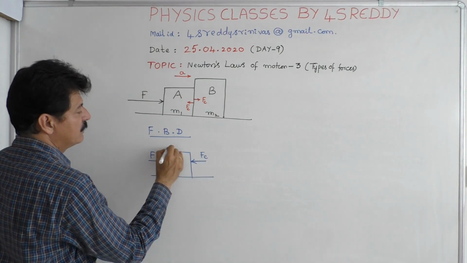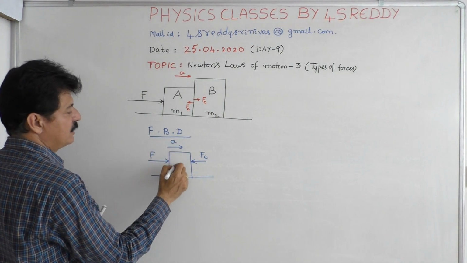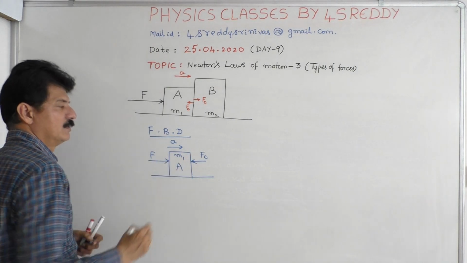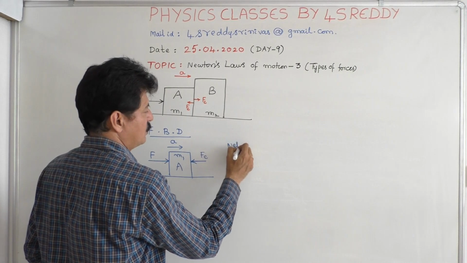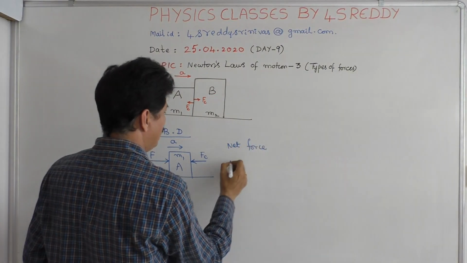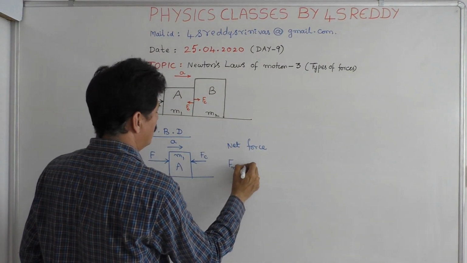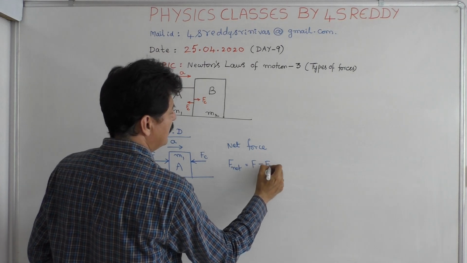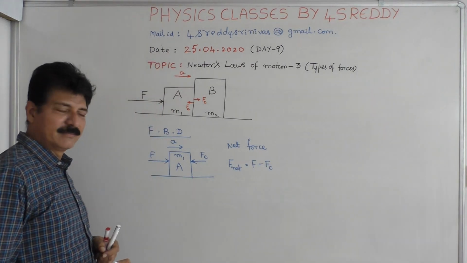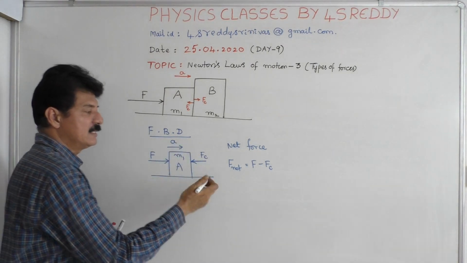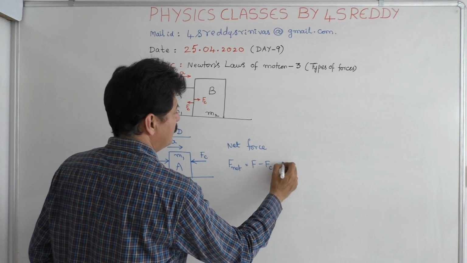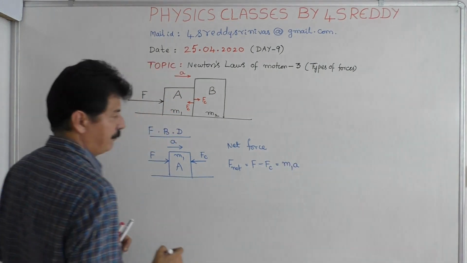The block moves with an acceleration a in the forward direction. Therefore the net force is F net equals F minus Fc. Because the block is moving forward, F must be greater than Fc. Therefore F minus Fc equals M1a.